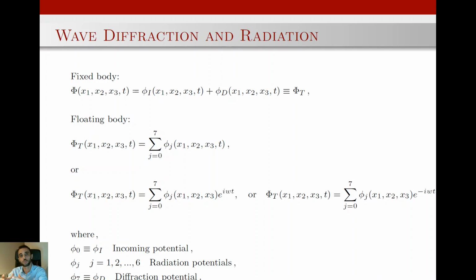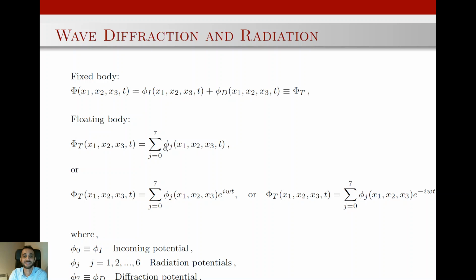Due to the motion of the object, waves are generated and they radiate away from the object, and we call them radiation potentials. So we can write the total potential as a sum from 0 to 7, where 0 is phi I, the incoming potential, 7 is the diffraction potential, and 1 to 6 are the radiation potentials for the 6 degrees of freedom, 3 translational and 3 rotational.